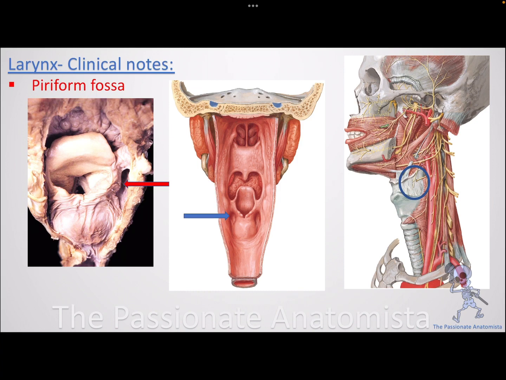This is another picture that shows you the pyriform fossa, which is lateral to the epiglottic fold, the fold between the epiglottis and the arytenoids, and medial to the thyroid membrane. This is basically your fossa, and this is how the internal laryngeal nerve pierces the thyroid membrane to get to the fossa.